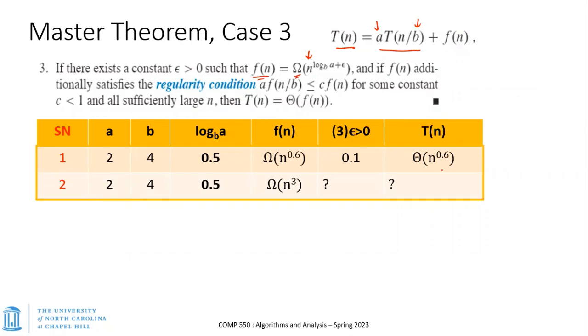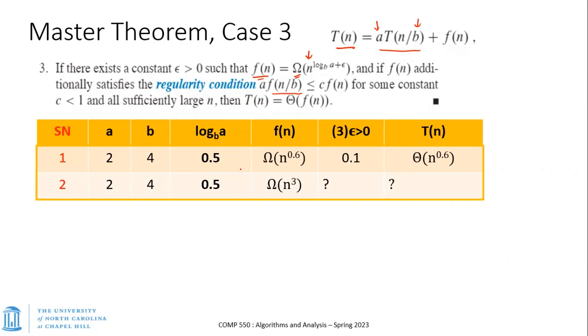And in case 3, this function f of n must also satisfy an additional requirement. That's always important. Whenever you apply case 3, you must make sure that the regularity condition is also met. Although, as I said, in most cases it does meet it, but if you are given a recurrence relation and you didn't check this, it's quite possible that you might come down to a wrong answer.